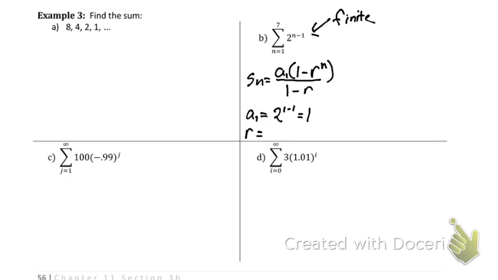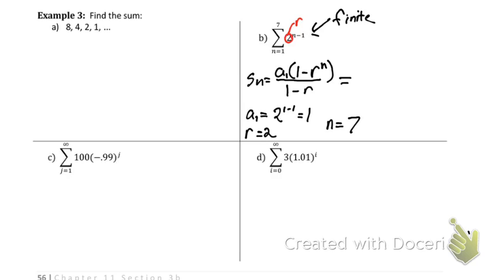My r value, don't forget, if you know your explicit form, you're going to recognize that the number attached to the exponent is my r value. So my r is going to equal 2. The only thing I need next is my n value. Since I start at 1 and end at 7, my n will be 7 on this one.